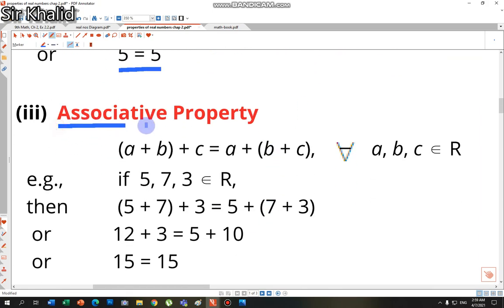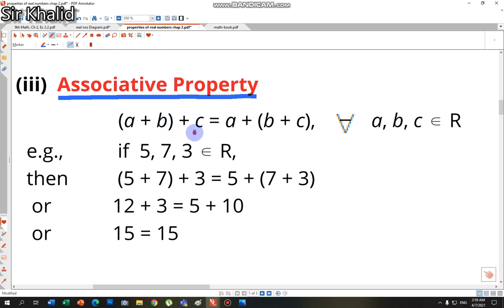Now the associative property. In this property, a third number is also involved. So a small bracket within the first two numbers, or a small bracket within the last two numbers. If I change the order of these small brackets, let a is equal to 5, b is equal to 7 and c is equal to 3.